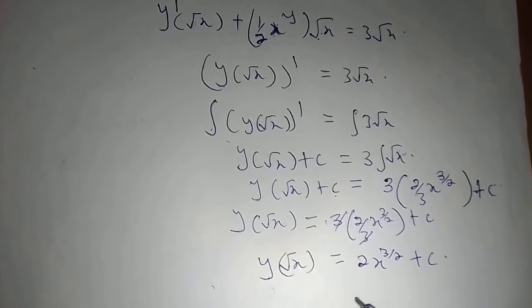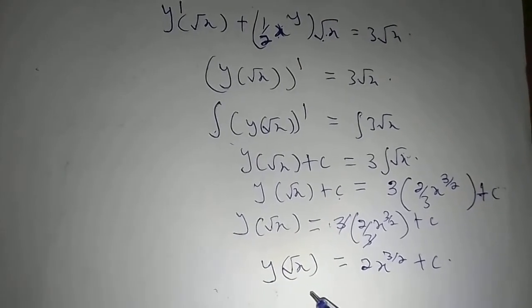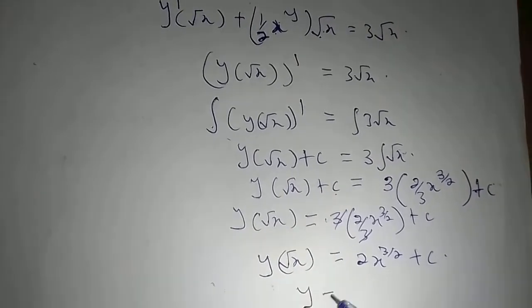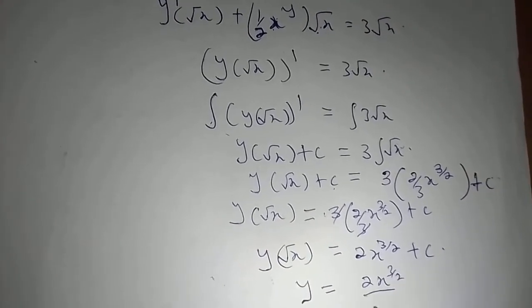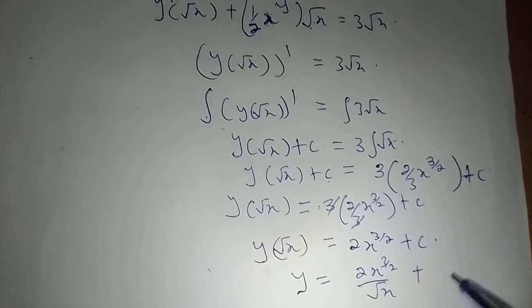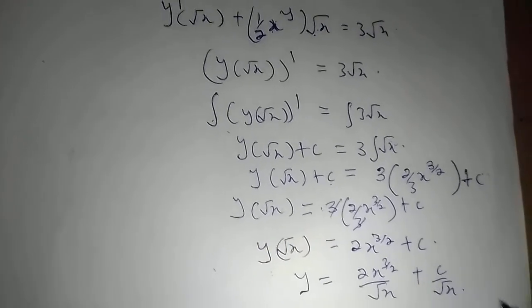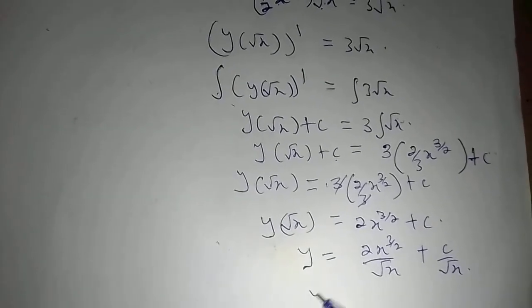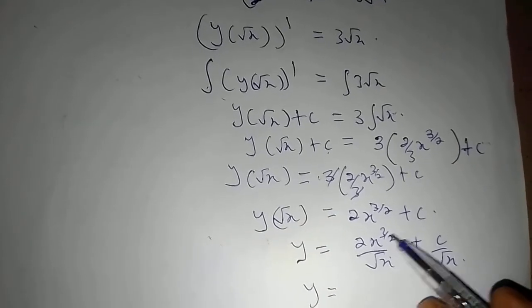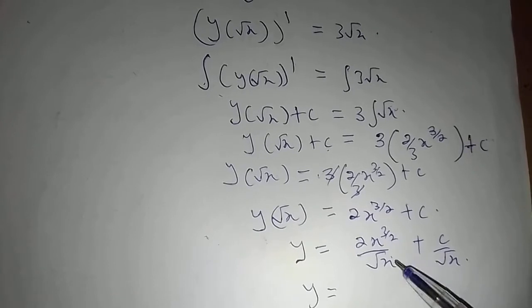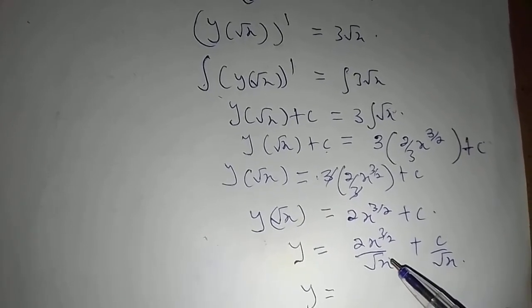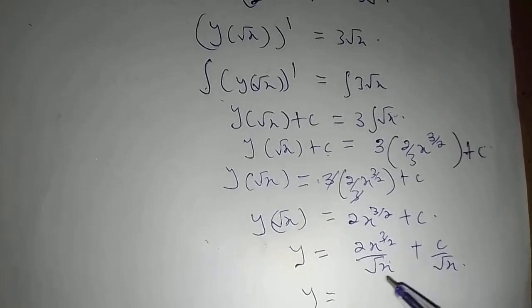At this point, the next thing to do is to divide through by the coefficient of y. So y will be equal to 2x to the power 3 over 2 divided by root of x plus c over root of x. So you can see that y will be equal to, if you have 3 over 2 minus half, what are we going to get? We are going to get 1.